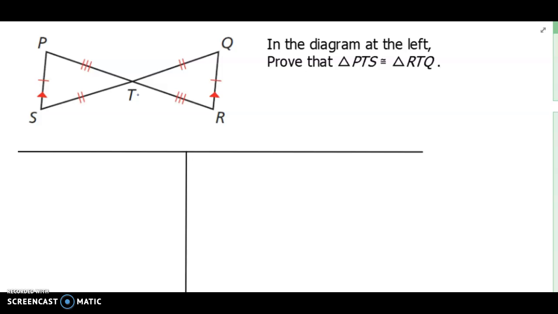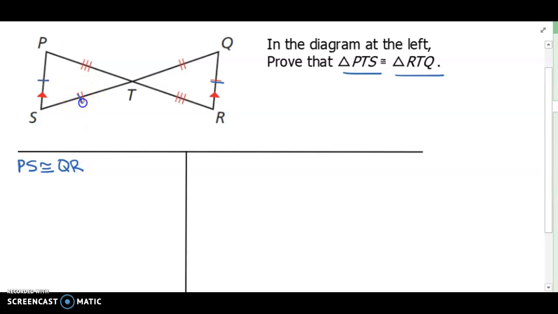All right, so here is a proof, and we want to prove that the triangles are congruent. So as of right now, in order to show that, we have to show that all sides of one are congruent to all sides of the other, and then all angles of one are congruent to angles of the other. So I can say that PS is congruent to QR.